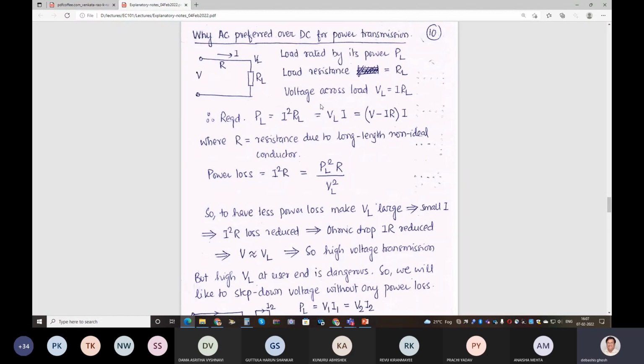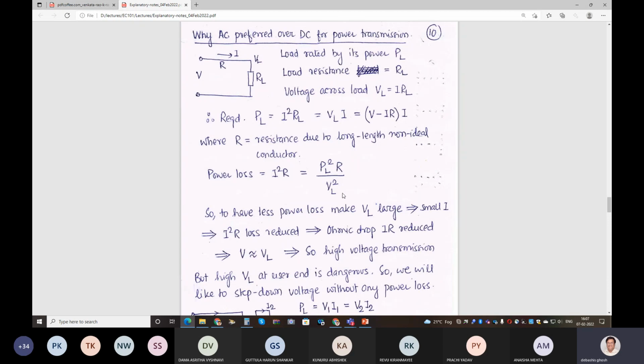In the last class, we explained that in case of DC, if you are sending the voltage or the power to some remote load, there will be a drop due to the resistance of the conductor, and that will also give you some power loss. That is the power loss due to the ohmic resistance. This is called ohmic drop. I squared R is your power loss.